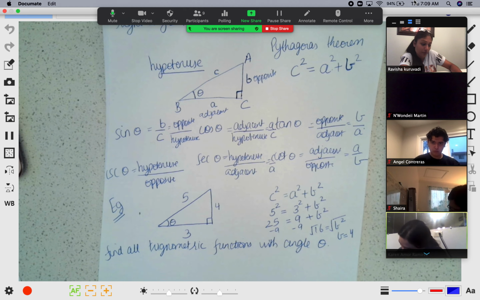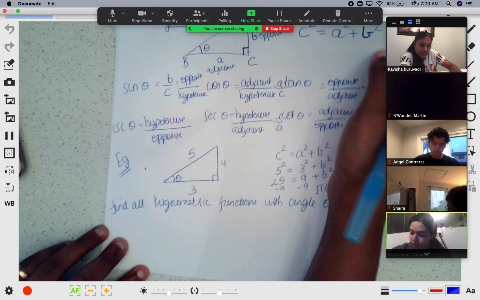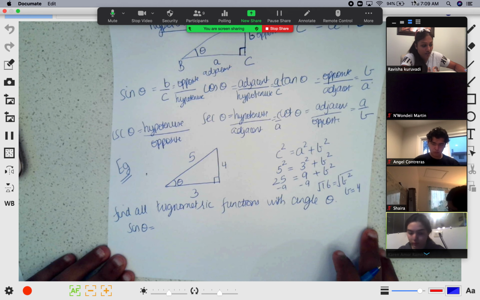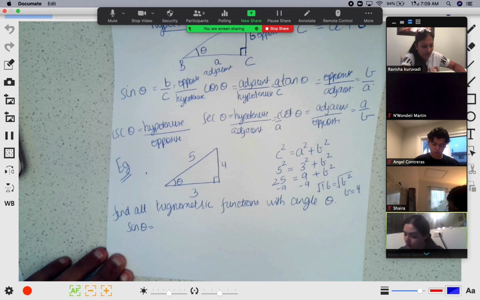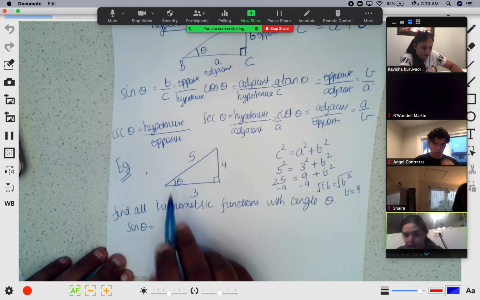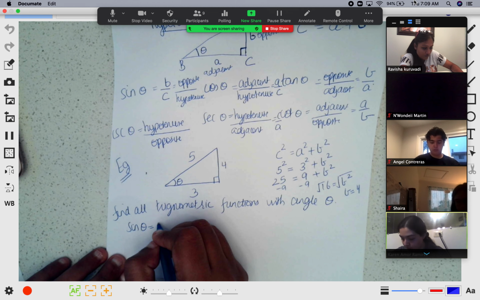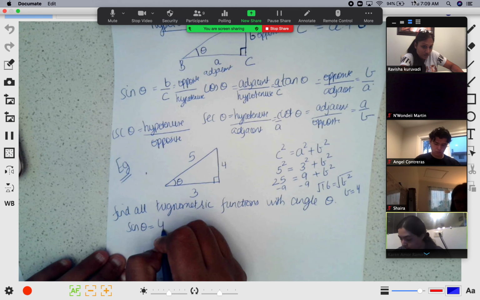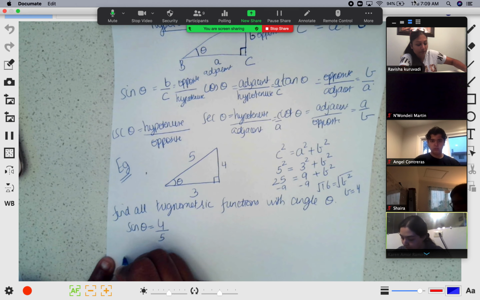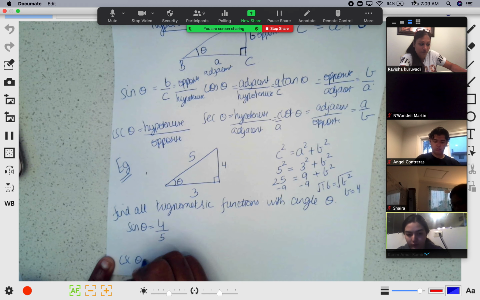Now it's very easy for me to find sine theta. Opposite over hypotenuse. What's opposite to this one? Sine is 4 over 5. And cosecant is basically just, I flip it, it becomes 5 over 4.